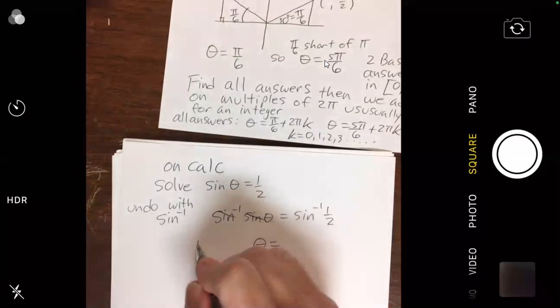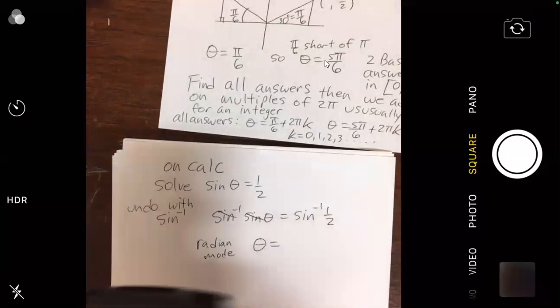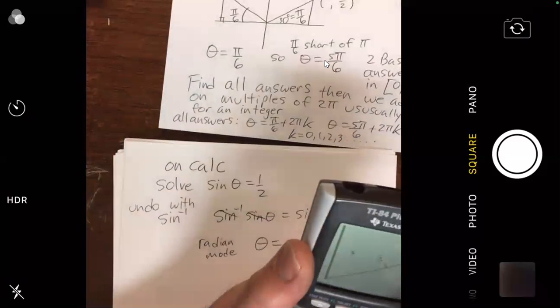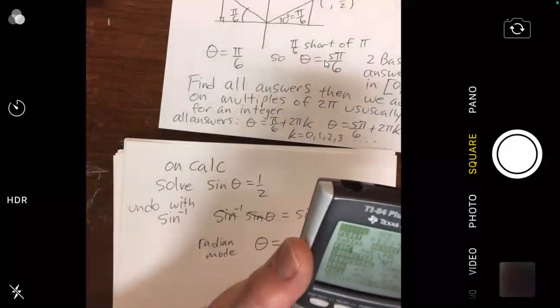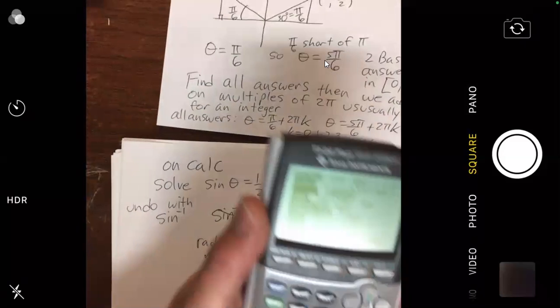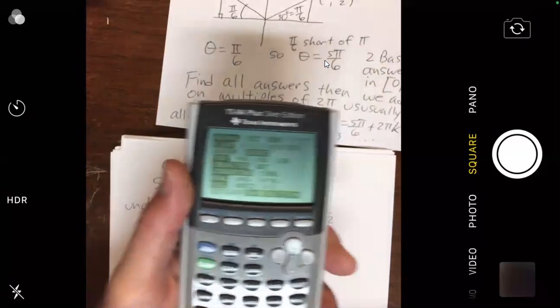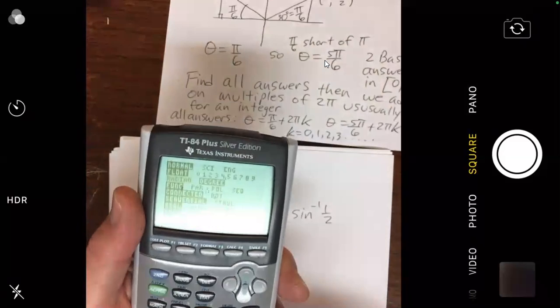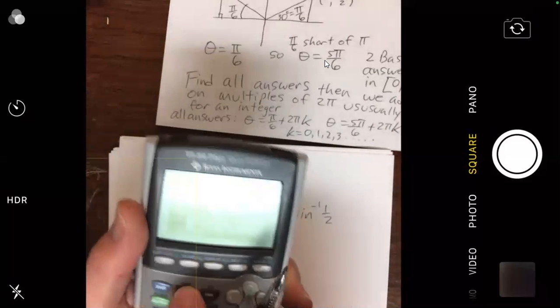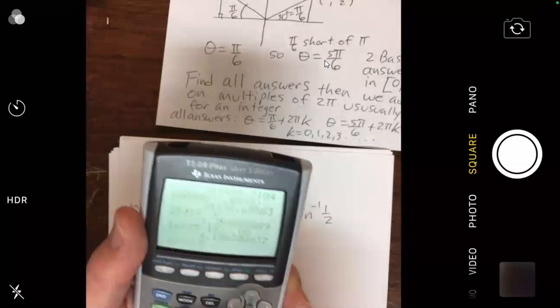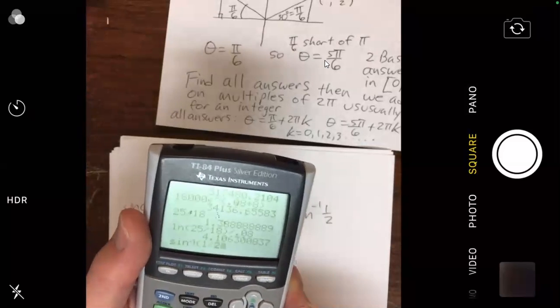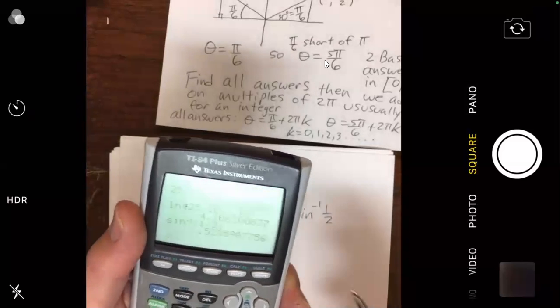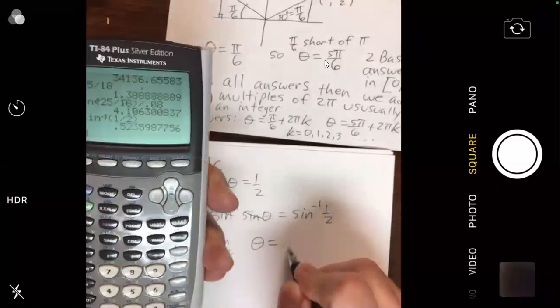And you want radian mode, which I'm not in. So I would do second sine 1/2, and I get 0.5236.